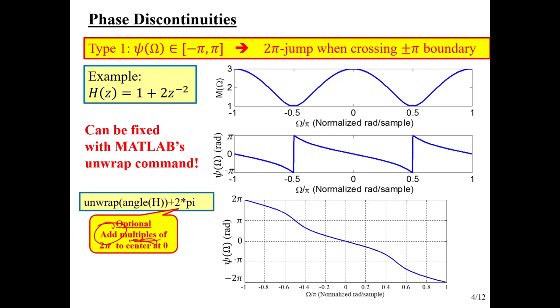Could be like minus 3 times 2 pi. So you add multiples of 2 pi to center this vertically, so that at omega equal to 0 it goes through 0. Perhaps centered is incorrect. What I mean by centered is at omega 0, it goes through 0. That's the idea. Then we have this nice odd symmetry.